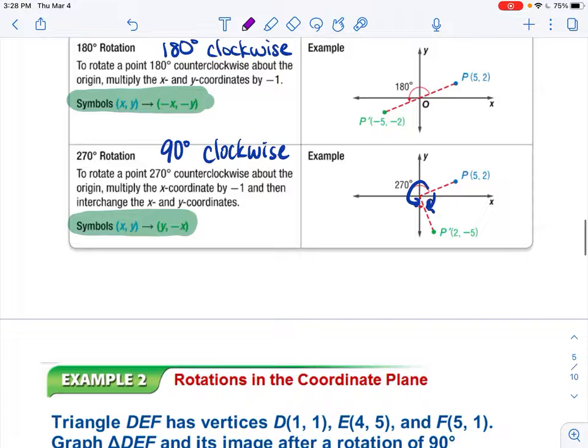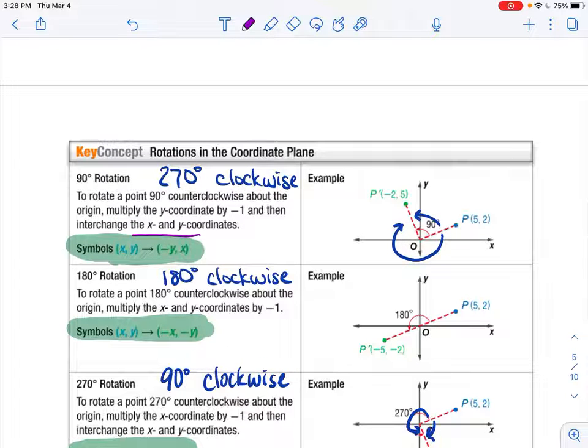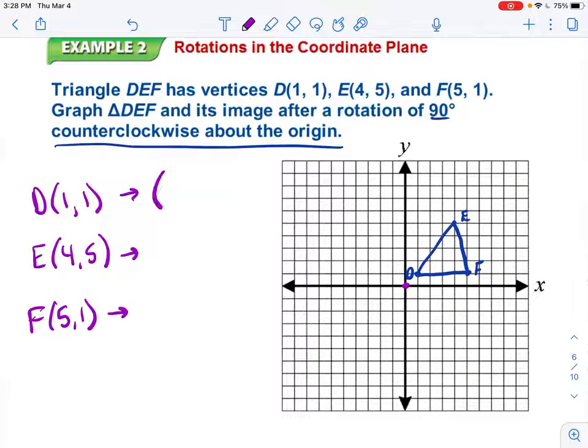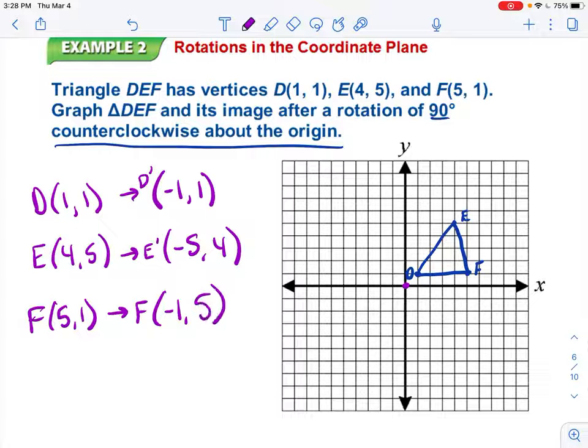If you scroll back up, if you have a 90 degrees counterclockwise, you want to multiply the y-coordinate by -1 and then flip the coordinates. So I end up getting (-1, 1) for D prime, make sure to label it, I get (-5, 4), and then I get (-1, 5).